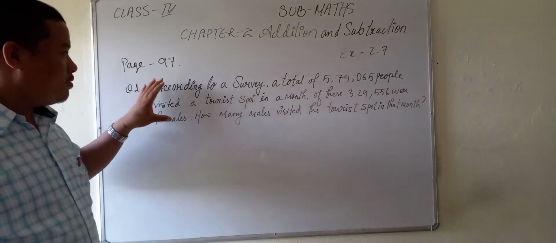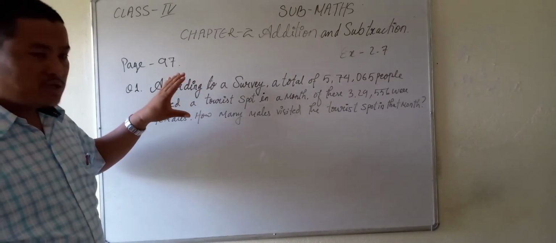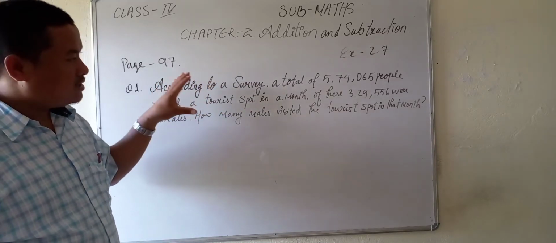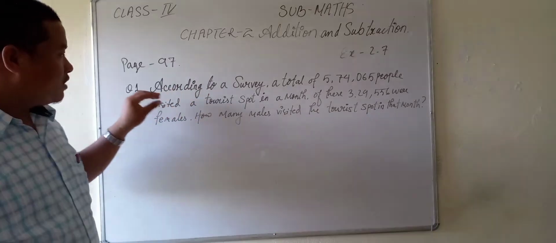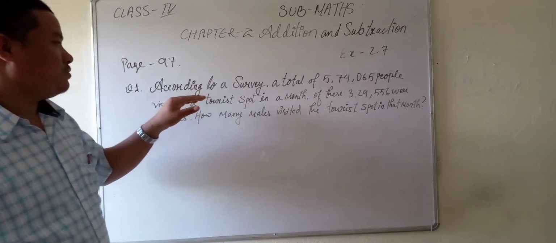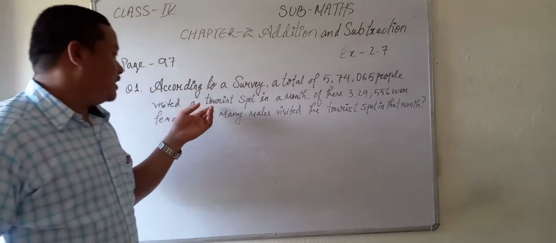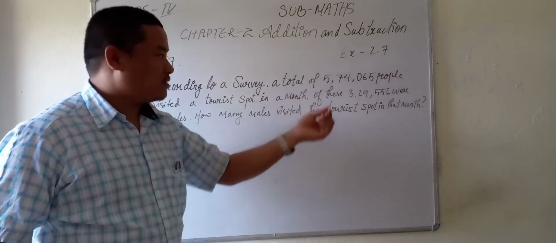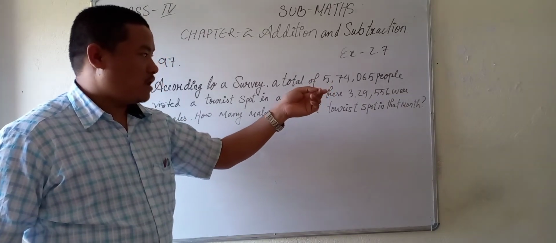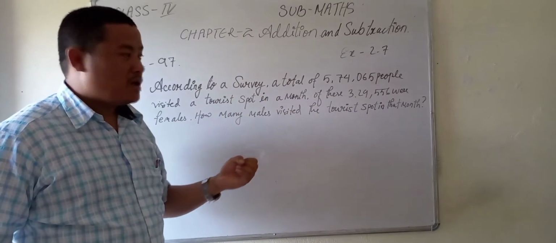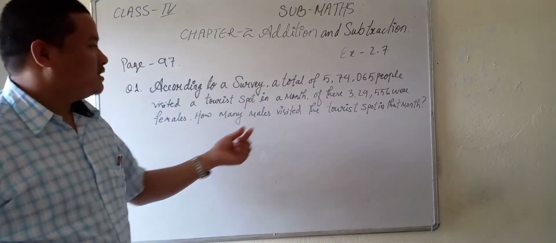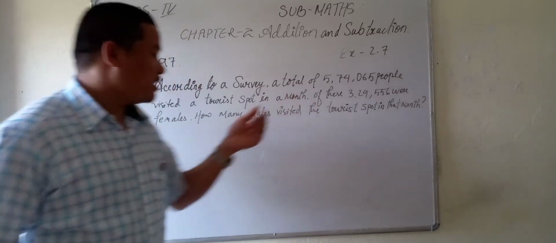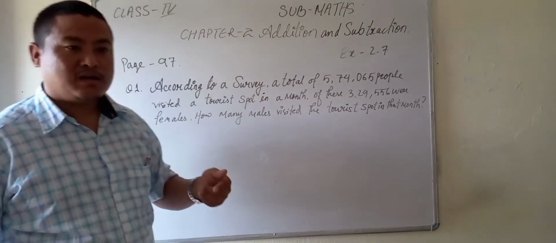Before we solve this question, the first thing is we have to understand it. So go through this one 2-3 times. Just read the question 2-3 times. Look, according to this question, in a tourist spot, in 1 month, this many people visited: 5,74,065 people. Out of this, 3,29,556 were female. So the rest are male.